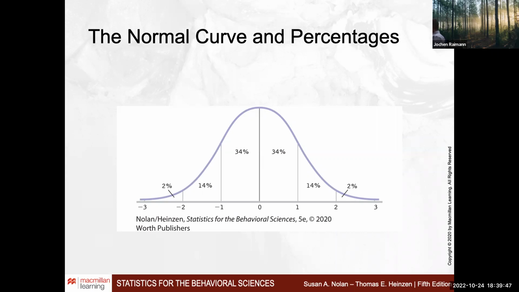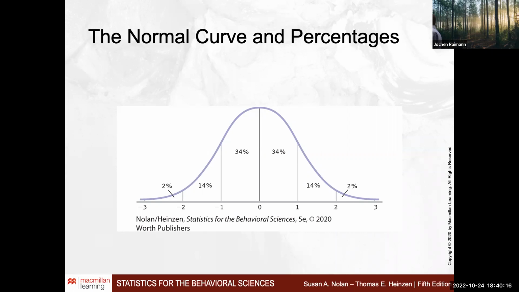From -2 to +2, you capture 95.7% of all your data, which is 34 plus 14, that's 48, plus 34, that's 82, plus 14 is 96. Rounding it up, but it's basically 95.7.